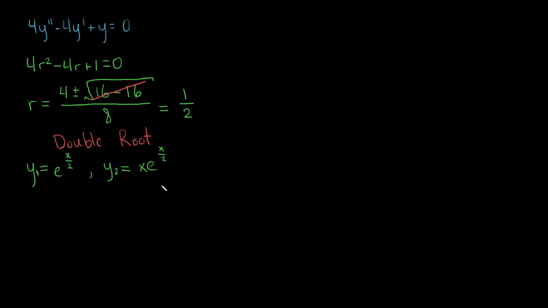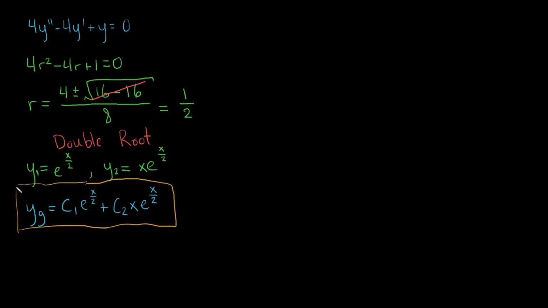And it is now linearly independent, which tells us that the general solution, y sub g, is going to be some constant times e to the x over 2 plus some separate constant times x times e to the x over 2. And this is our answer. This is the general solution to this differential equation.